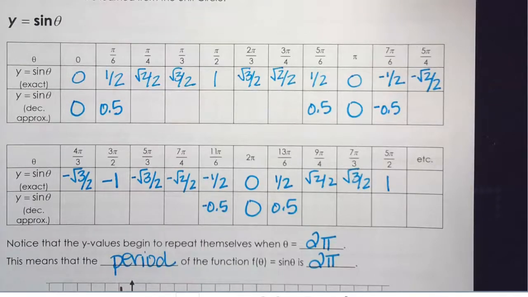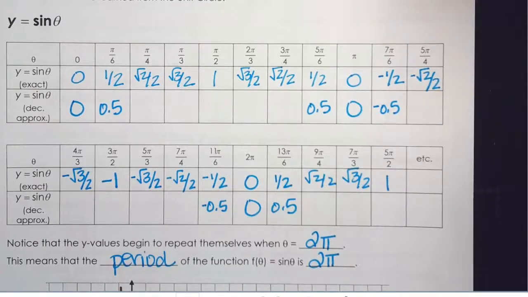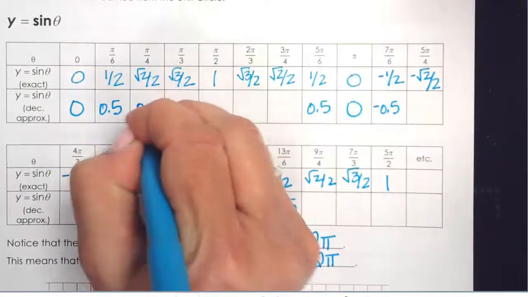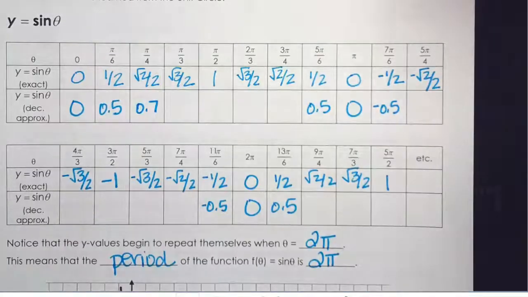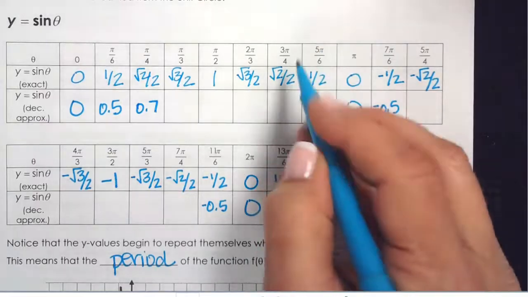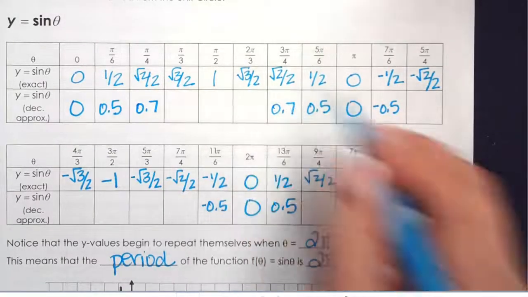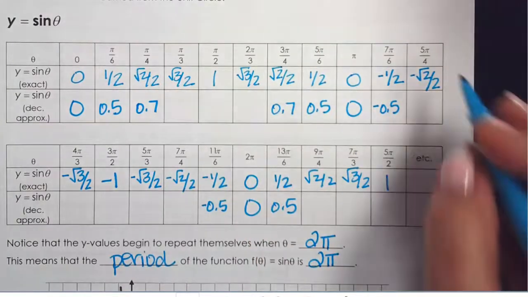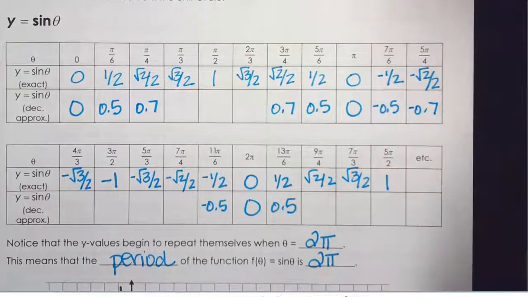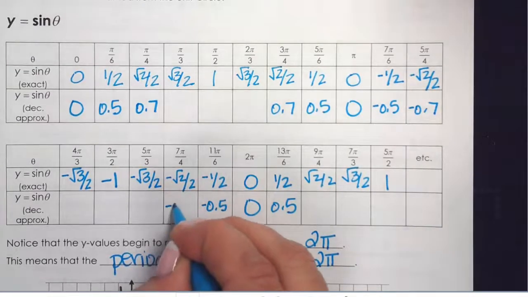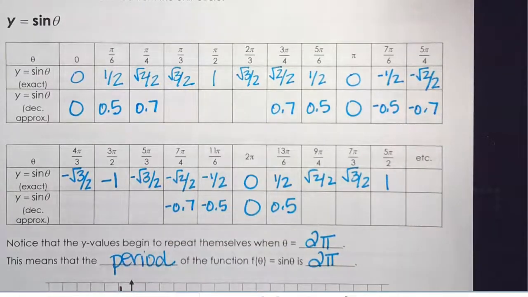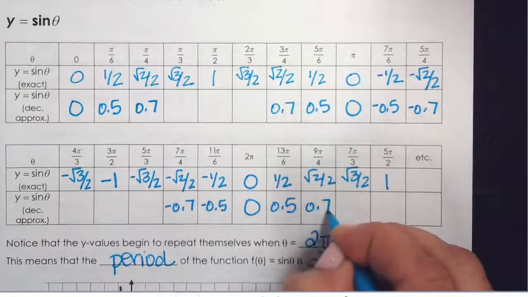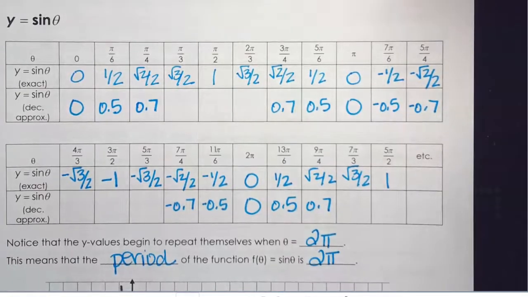What do we get? 0.7-ish, okay? So this root 2 over 2 is going to be about 0.7. This will be -0.7. This will be -0.7. This will be about 0.7.